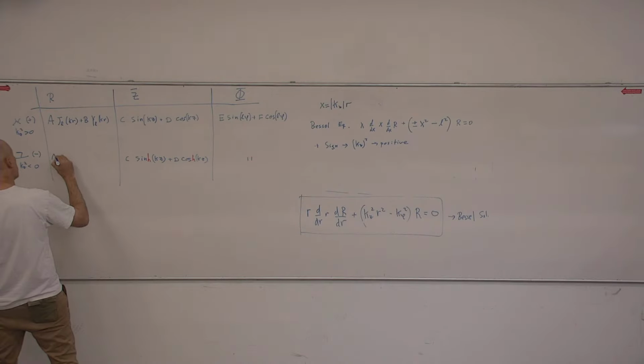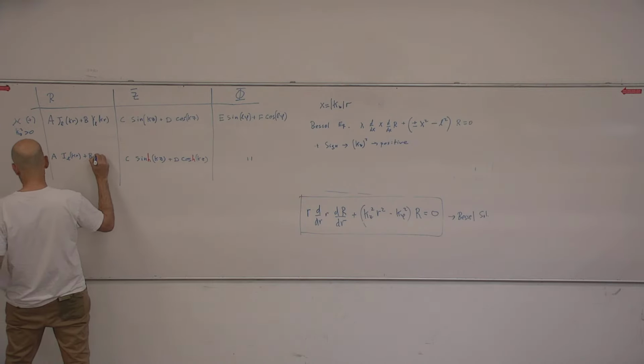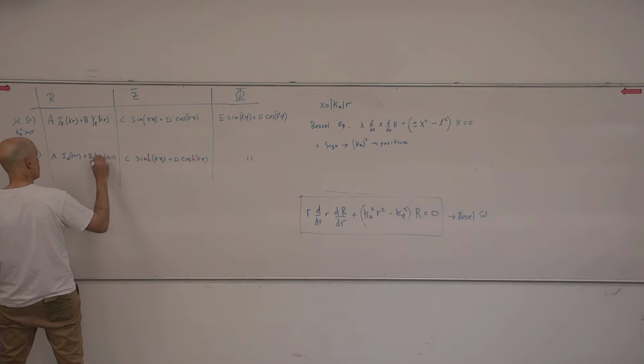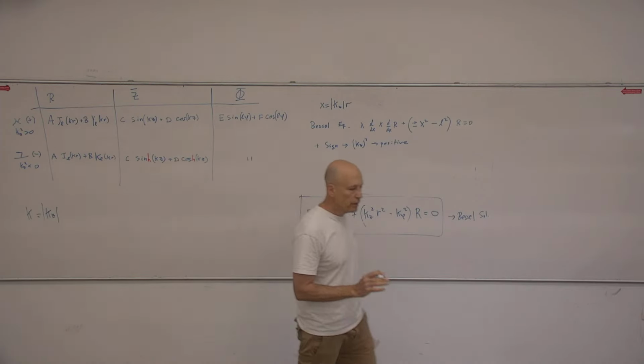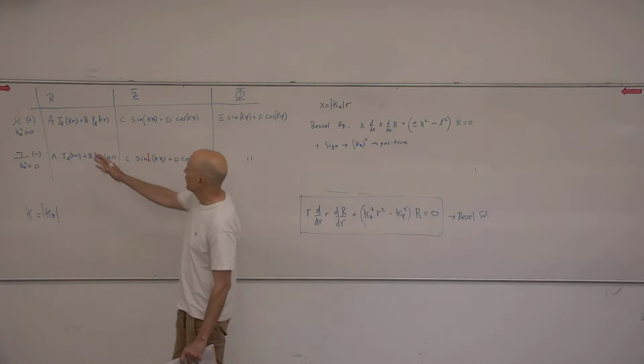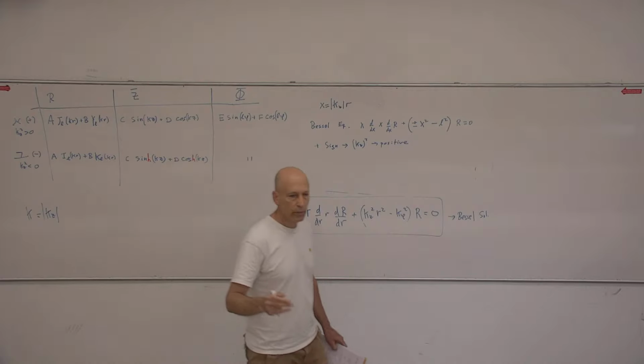And here I have A, I_L(kr), plus B, K_L(kr). I admit that K is not a good name, but this is how the Bessel functions are called. So these functions, J, Y, I, and K, are called Bessel functions.